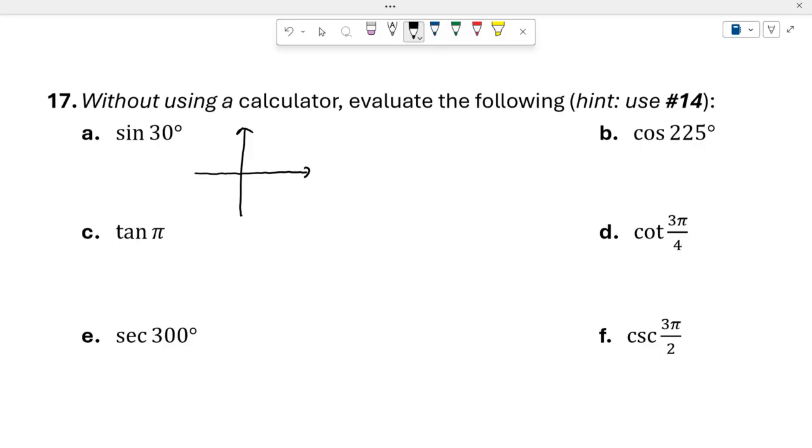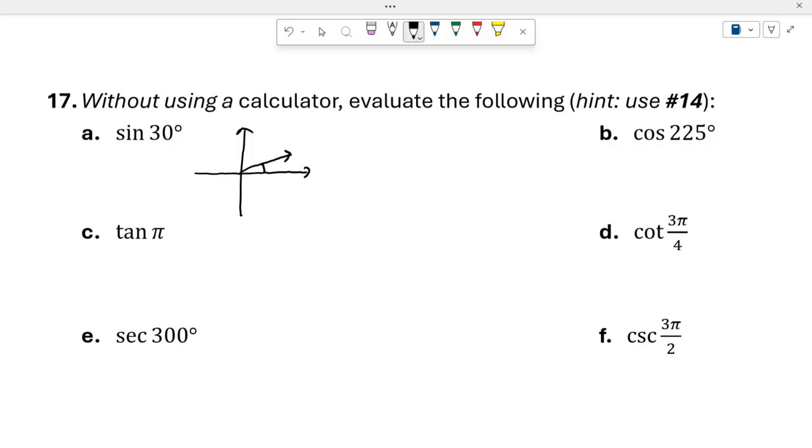A handy thing to remember is that the first angle you run into after 0 degrees is 30 degrees. So it's right there. That's what 30 degrees looks like in standard position. It's close to the x-axis, just a little bit above it.